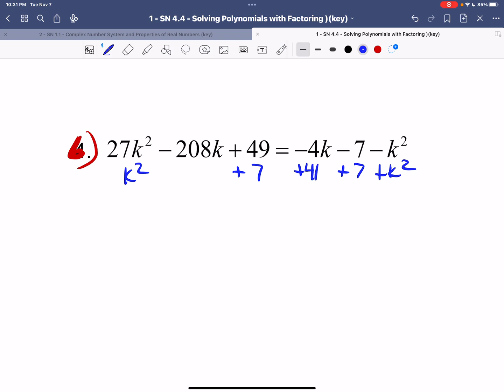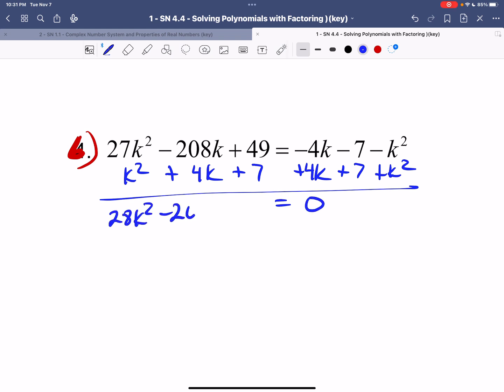And I'm going to add 4k to the linear term. So I get 0 over here, 28k squared, negative 204k, and 56. All right, and so again, we can take this from here.